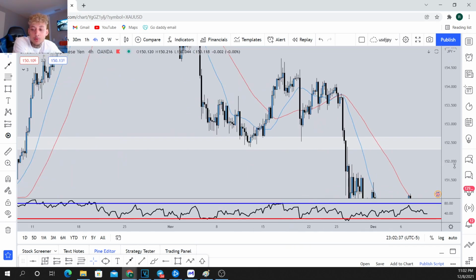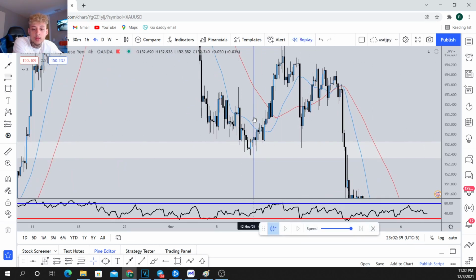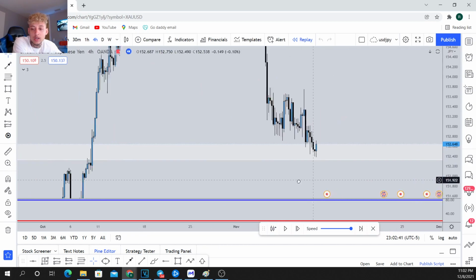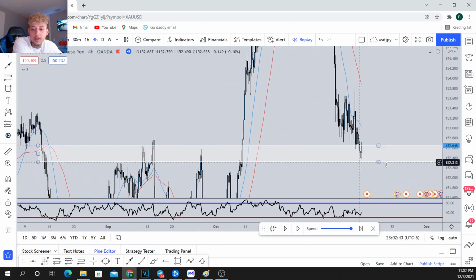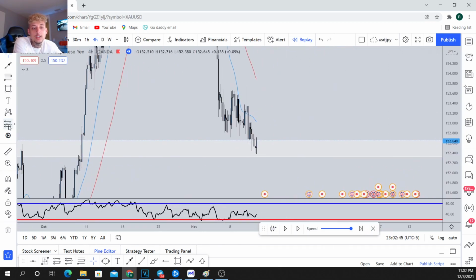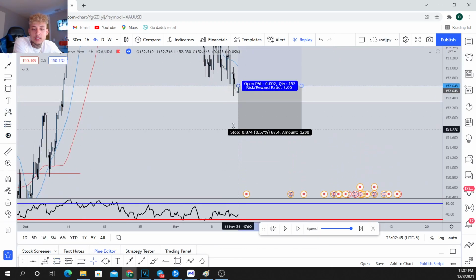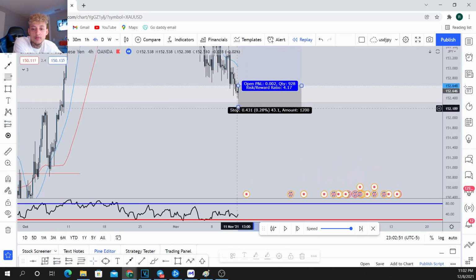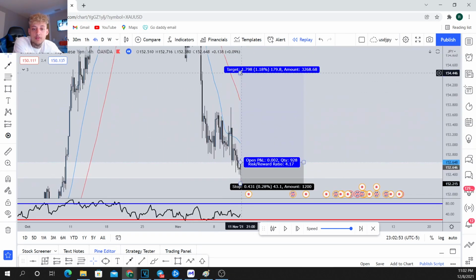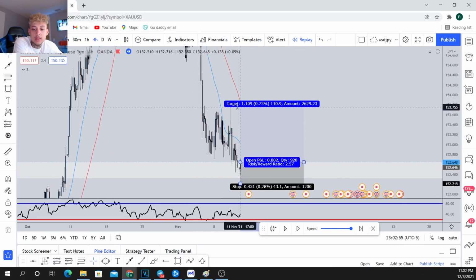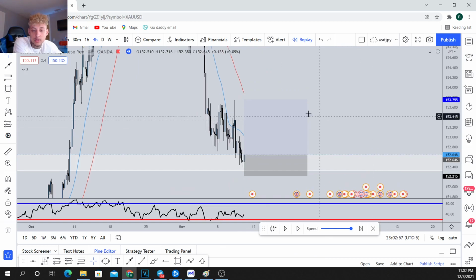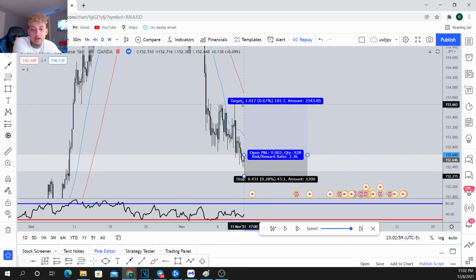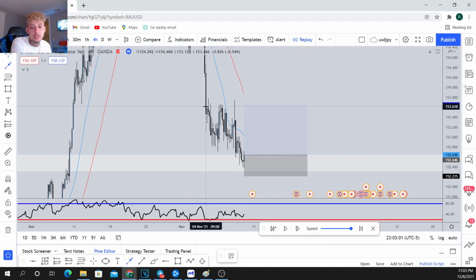And let's just say price came down to here, and this is where price is currently trading. Once you see the engulfing off of resistance, you're going to say, okay, I'm going to enter the market here. My stop loss is going to be under this level of support, and my first take profit is going to be this high up here for 2 times my risk.